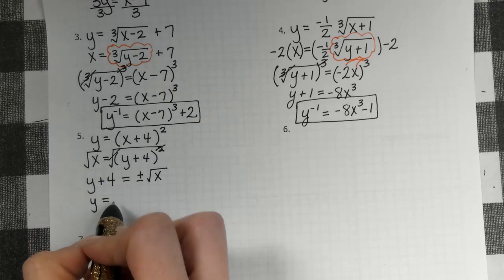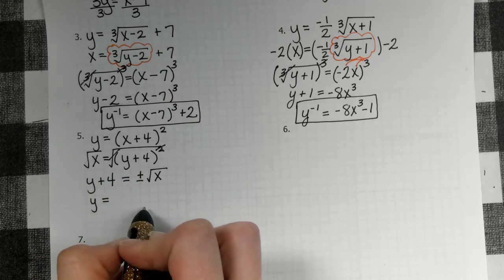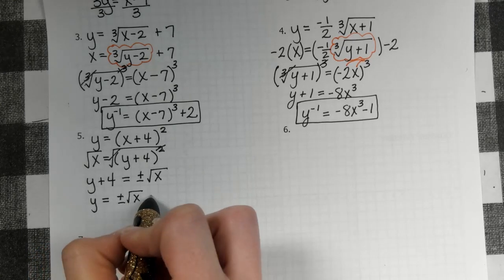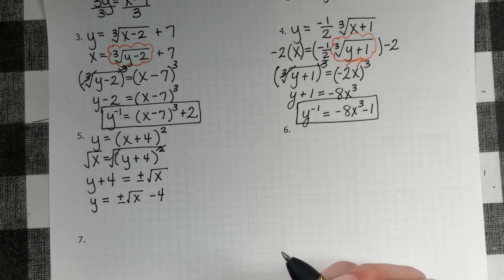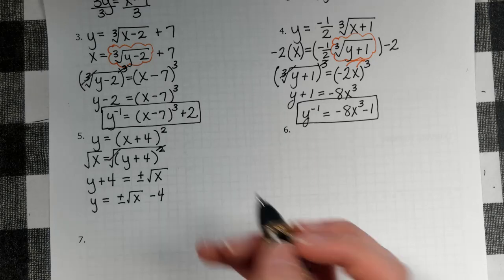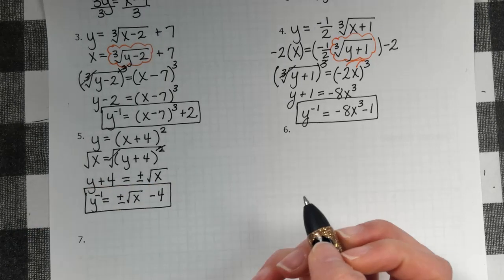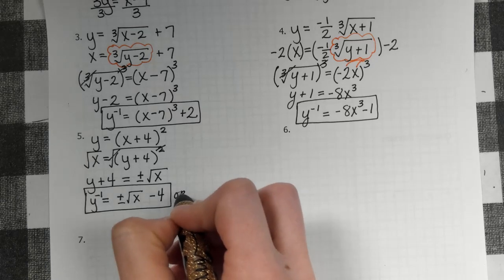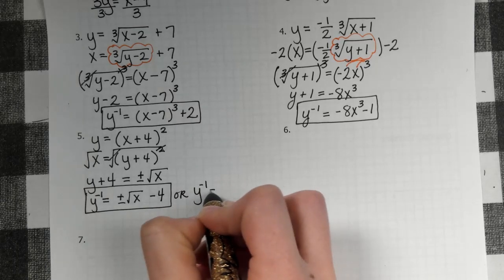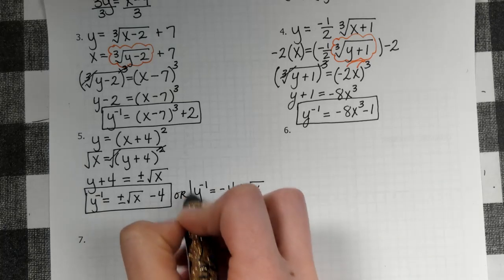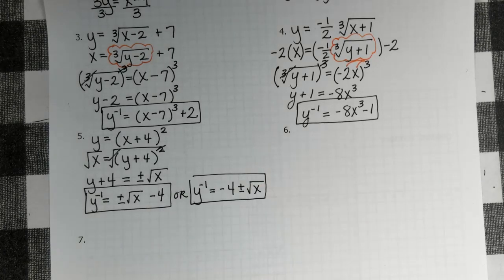You can either write it -4 plus or minus square root of x, or plus or minus square root of x, and then just make sure your -4 is on the outside of that radical. So you can write the inverse of y equals plus or minus square root of x minus 4, or you can write the inverse of y is equal to -4 plus or minus the square root of x. I'm okay with either one.